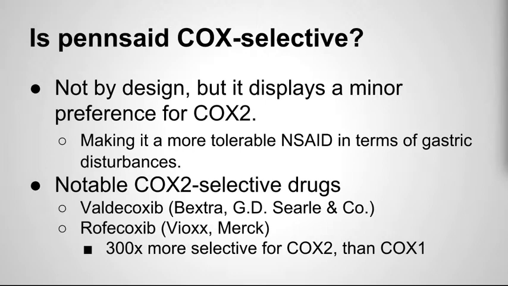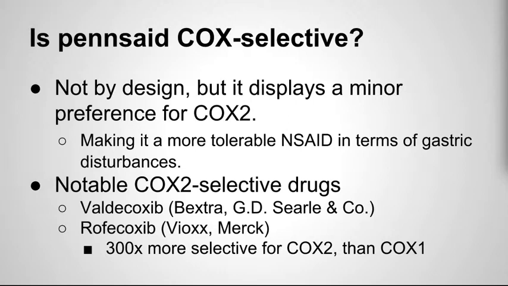So, with all of that said, is Pennsaid COX selective? Will Pennsaid bind better to COX-2 than COX-1? And the answer is no, not by design, but it does display a minor preference for COX-2. So it is one of the more tolerable NSAIDs in terms of gastric disturbances. Notable COX-2 selective drugs would be Bextra and Vioxx.